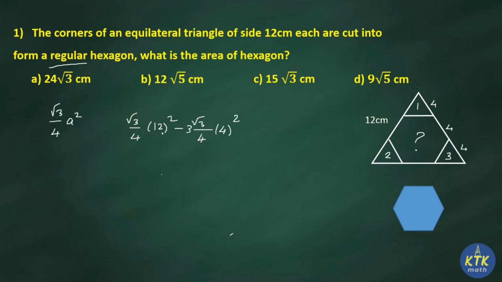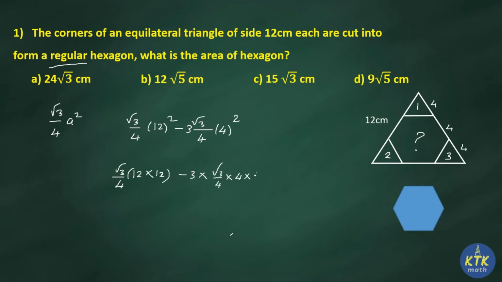So area of bigger triangle minus 3 times area of smaller triangle. Clear? Now root 3 by 4. This can be written as 12 into 12 minus 3 times root 3 by 4. This can be written as 4 into 4.